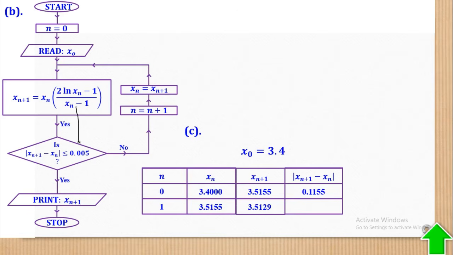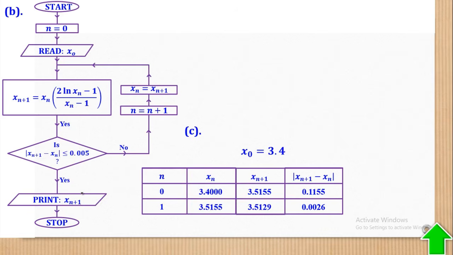Then from here I have to first get this difference. When I calculate the difference, it will be 0.0026. Then I ask myself, is 0.0026 less than 0.005? The answer is yes, so you follow the arrow for yes, where you have to print the root.